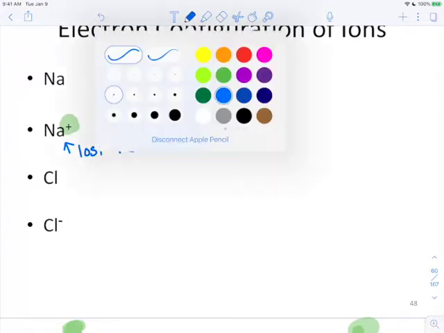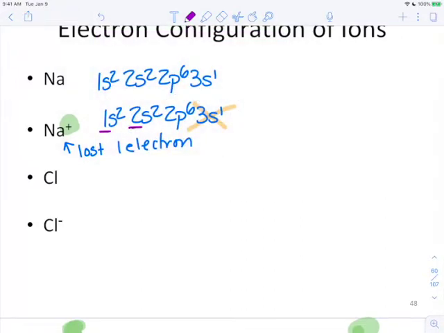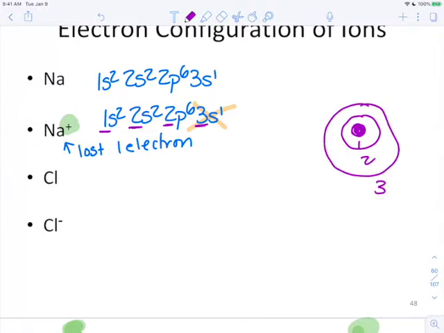So if we look at our energy levels, we have 1, 2, 2, and 3. 3 is the highest energy level. It is numerically the largest, and it also is the furthest from the nucleus. So if you remember way back when, last class, we talked about the first energy level, second energy level, third energy level, and so on.